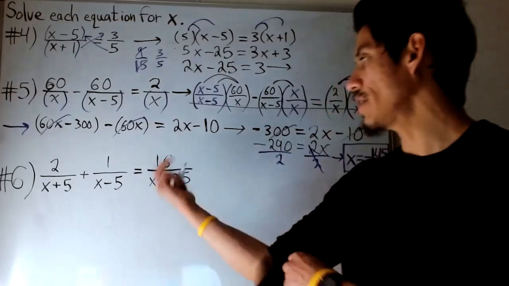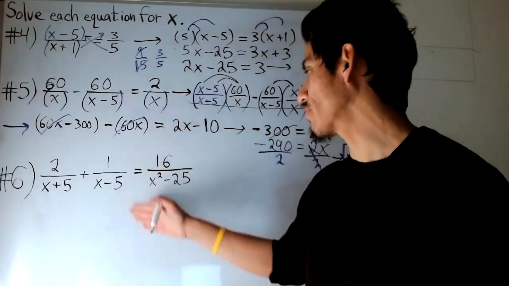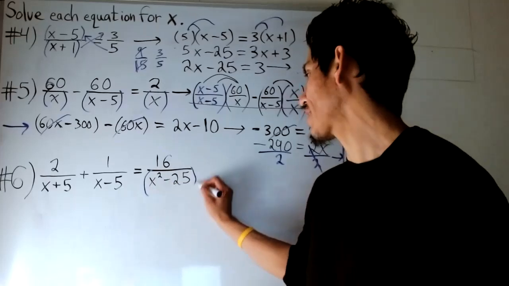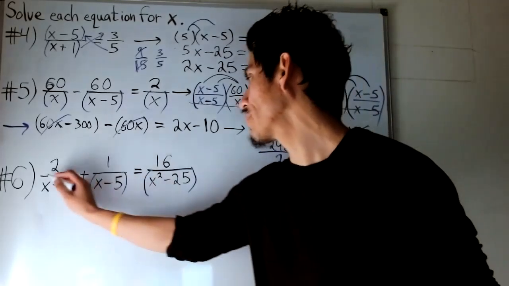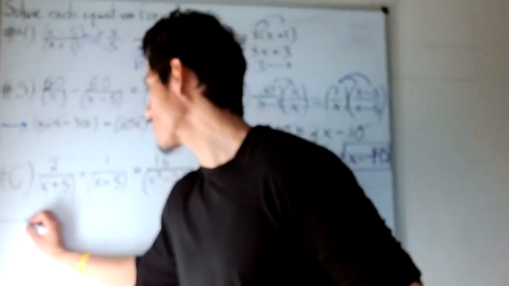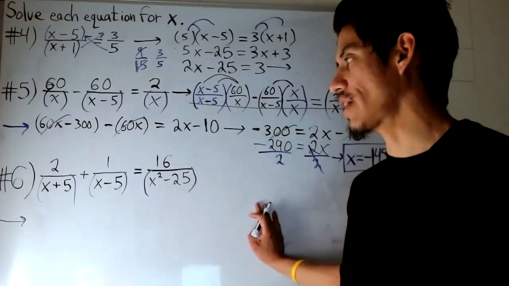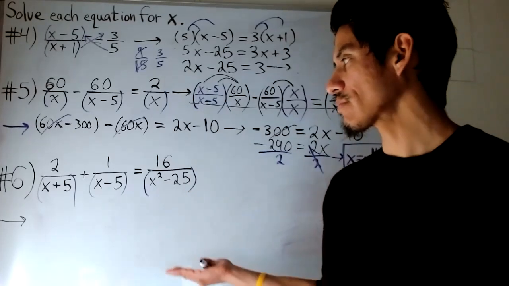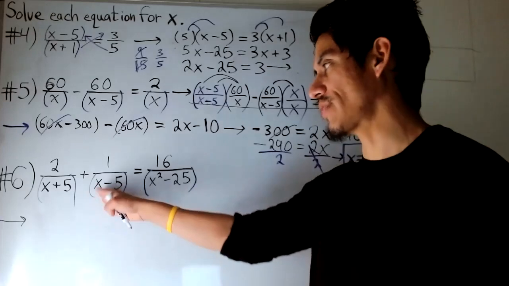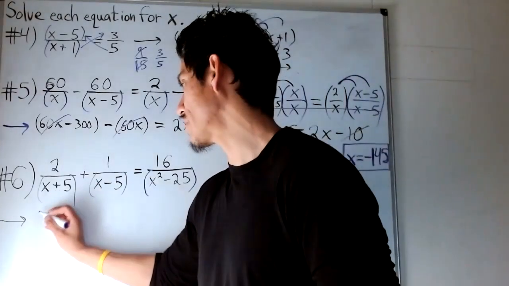All right, here we have a case where it's kind of like this one, but different because we're going to need to factor this one out and see that this is actually, I'm going to write it all out. This is actually 16 over x minus 5 times x plus 5. So then what we're missing is the x plus 5 or x minus 5 from each group, one or the other. Here we're missing the x minus 5.